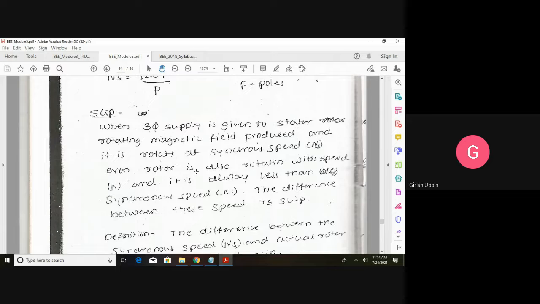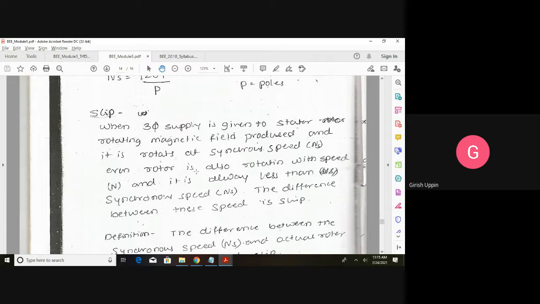Current carrying conductors placed in a magnetic field experience a force, and the rotor will start slowly rotating to catch up to the synchronous speed, but it will not be able to catch up. It will be a little behind.